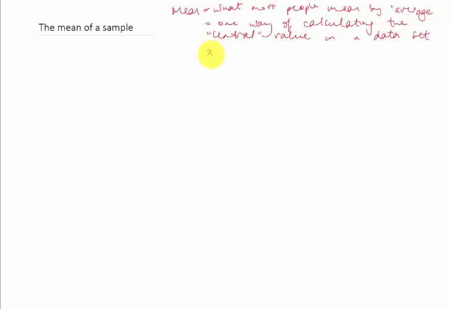Okay, and we can write it as x with a little bar on top for the mean of a sample, or mu with a little bar on top for the mean of a whole population, if we know every single member of that population.